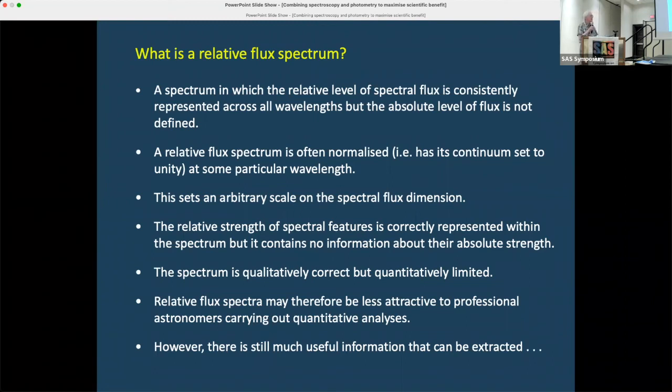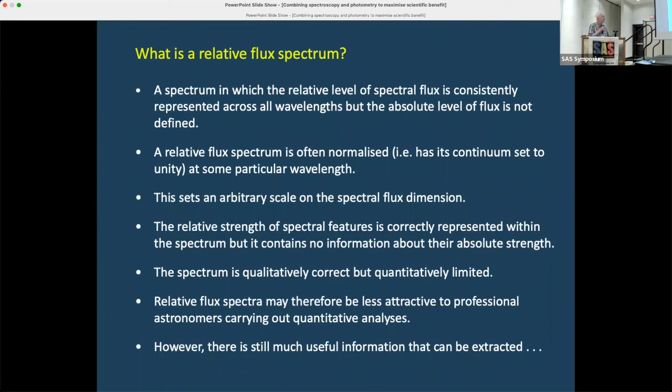And that sets an arbitrary scale on the flux dimension. The relative strength of spectral features is correctly represented within the spectrum, but it contains no information about their absolute strength. The spectrum is therefore qualitatively correct, but quantitatively limited.